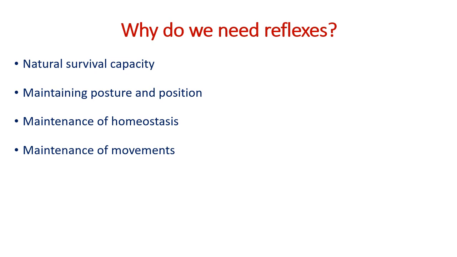So we finished this presentation of reflexes. Soon I'll be giving you another presentation in which we'll be studying the spinal cord injuries, spinal cord abnormalities. We know about the spinal cord.